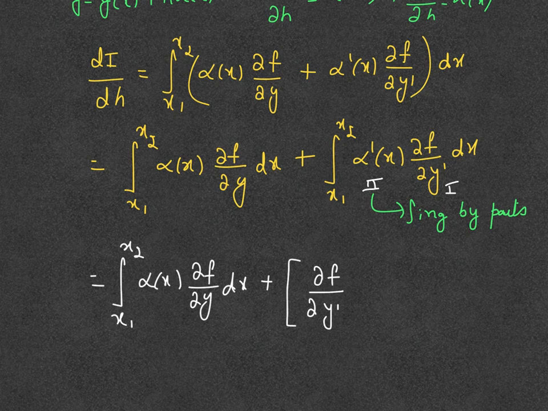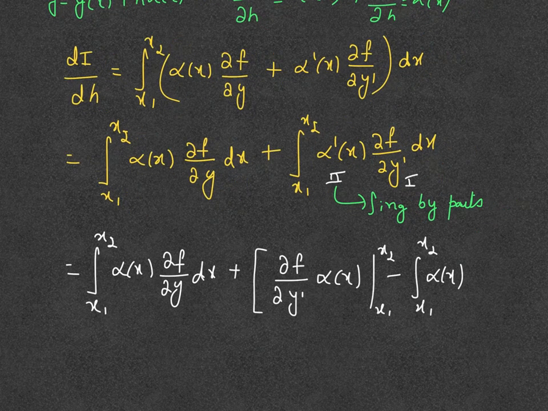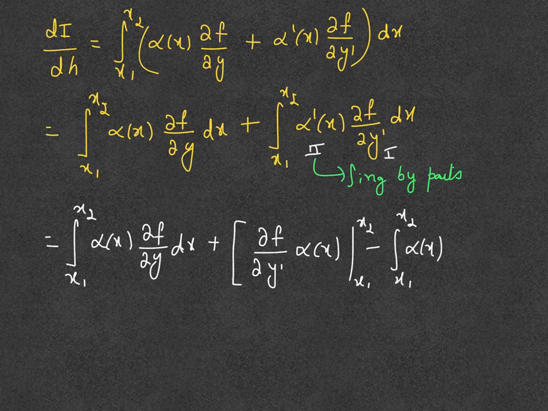So integration of the second function gives us alpha x. Then apply the limit x1 to x2. Next, minus integral x1 to x2, writing alpha x as it is, and differentiating the first function with respect to x. So we can write d by dx of dou f by dou y dash dx.